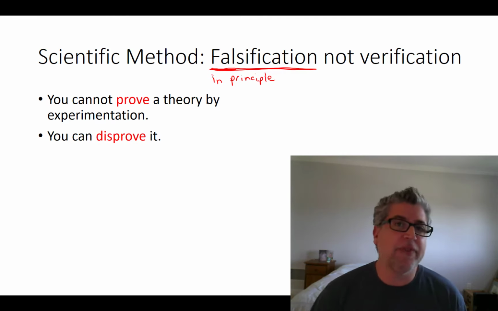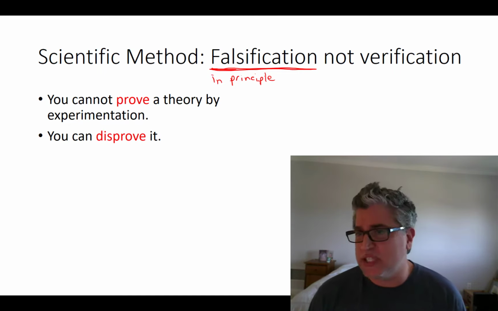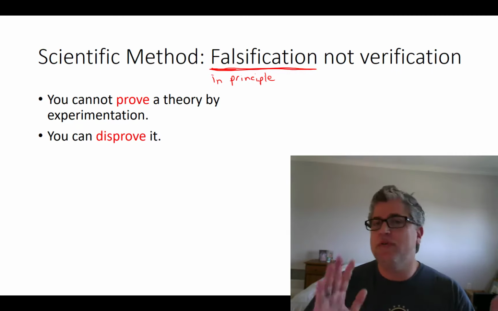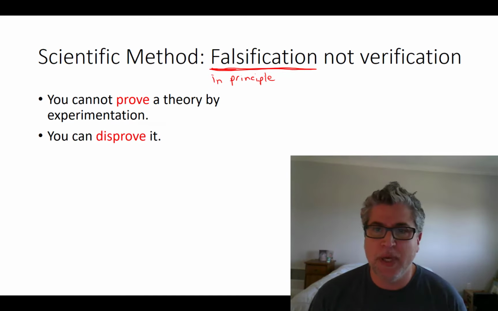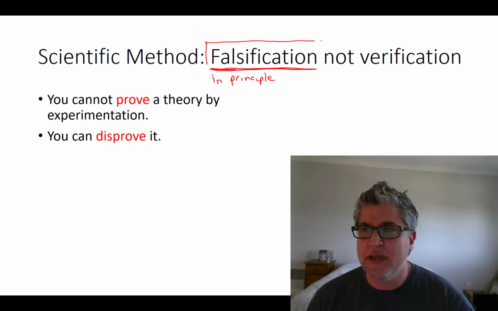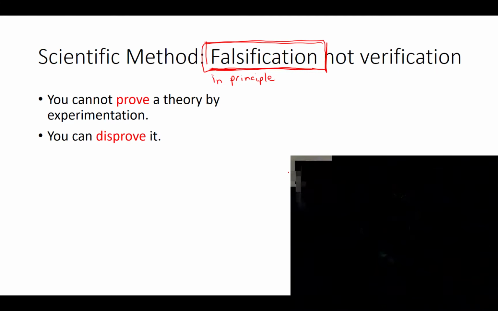Now, you can never prove a theory. You can just have a whole lot of supporting evidence for it. But it's a whole lot easier to disprove the theory. If your theory predicts that something will happen, and then it doesn't happen, you've just eliminated that theory. So the centerpiece of the scientific method is coming up with experiments that could potentially disprove your theory, this falsification idea.